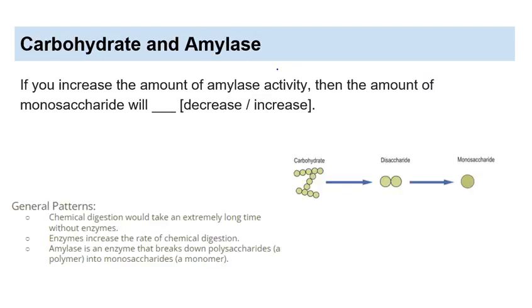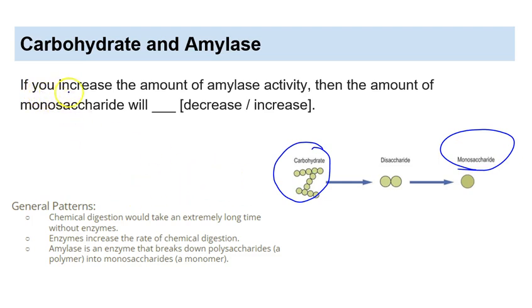As I mentioned, the amylase is used for carbohydrate digestion. By using the amylase, we can digest the carbohydrate from polysaccharide to monosaccharide, from the larger molecule of sugar or carbohydrate to a very simple sugar molecule.